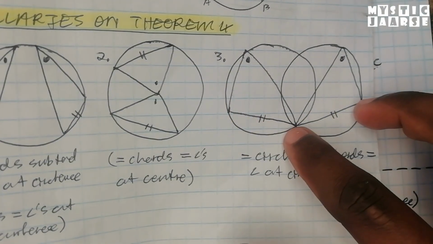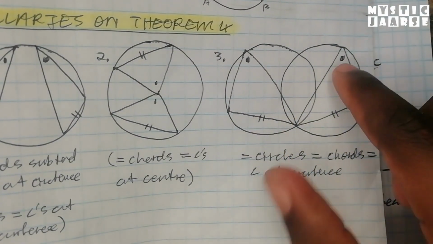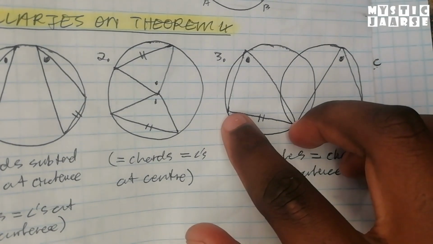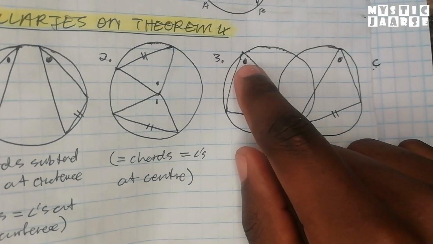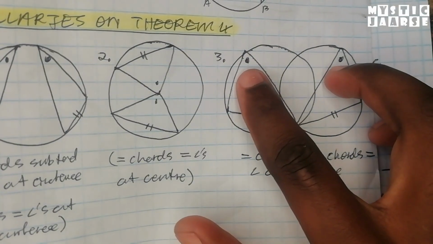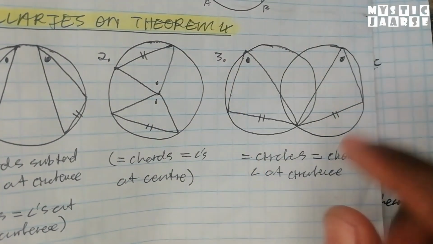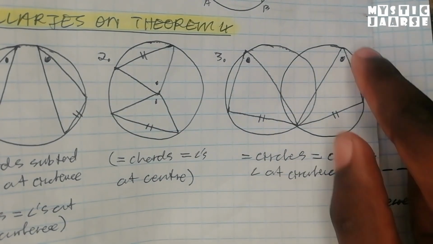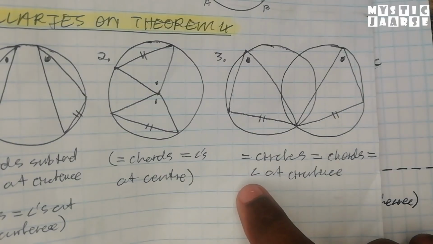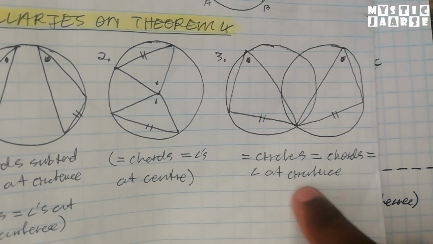And each chord in each circle subtends an angle at the circumference, and the other chord subtends its angle at the circumference in its own respective circle. Then these two angles are equal to one another. So we say equal circles, equal chords, equal angles at the circumference.